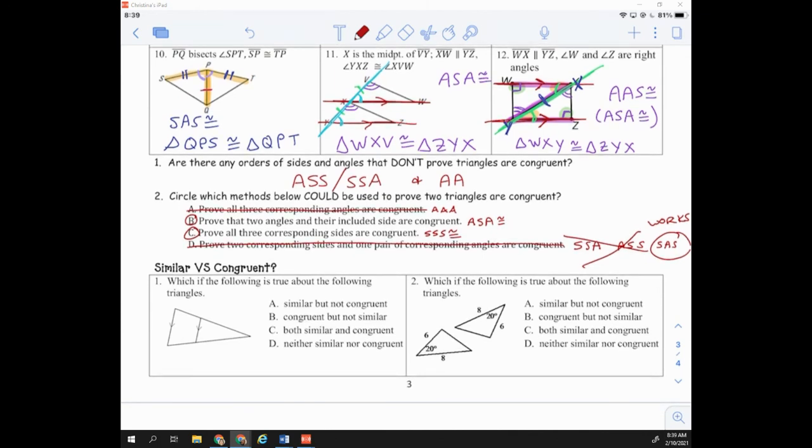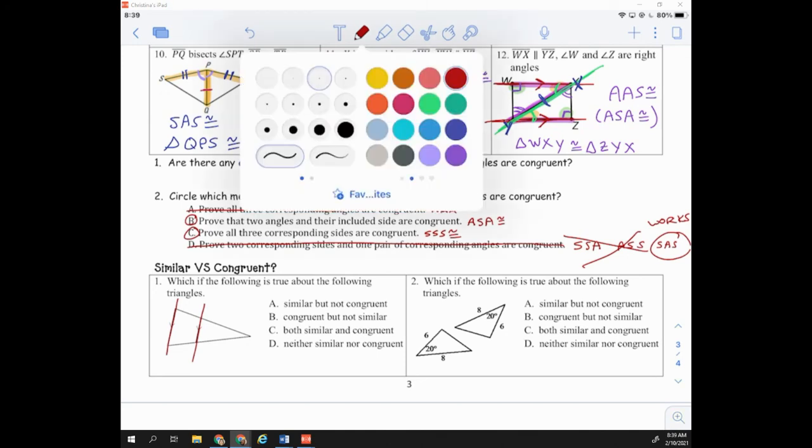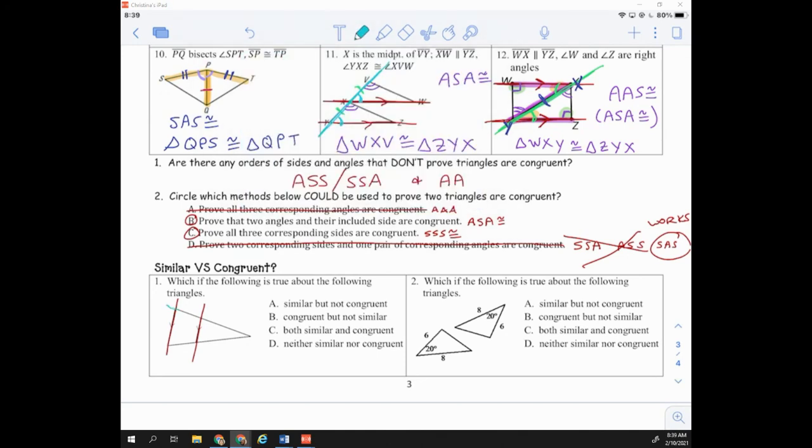All right, now let's get down to the last few problems. Which of the following is true about the following triangles? So we know that we have parallel lines. So if we have parallel lines cut by a transversal, we know that these angles are corresponding, so we know that they match.